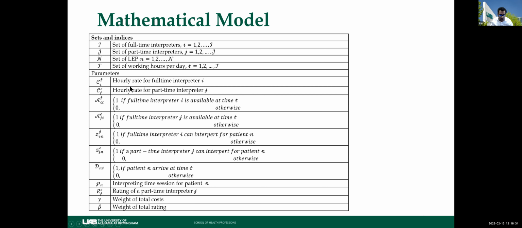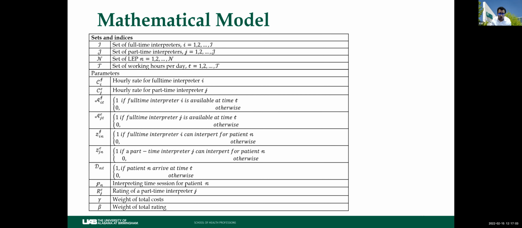So we need to assign a Hmong interpreter to a Hmong patient, and a Spanish interpreter to a Spanish patient, and so on and so forth. And then we have the demand at every timestamp, so we need to make sure that the demand is covered, and the service time, or the interpreting session length.